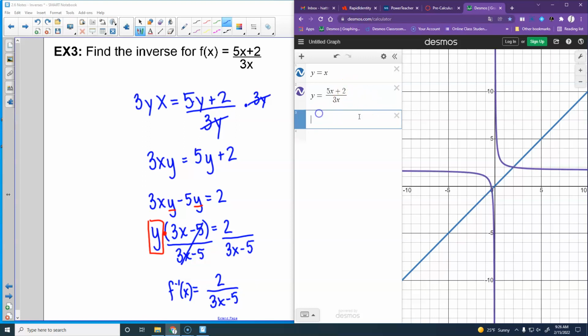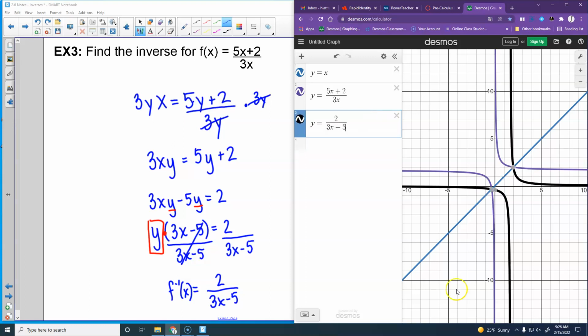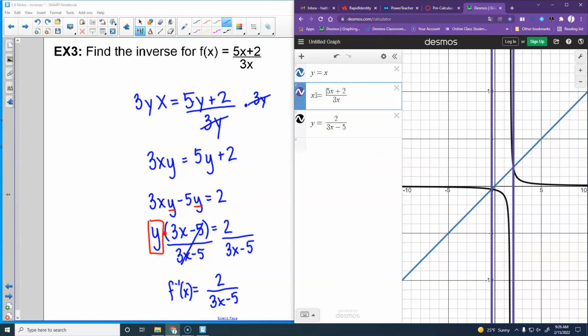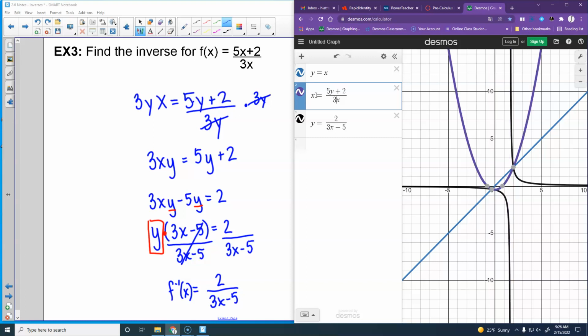That's what the original looks like. The inverse is y equals 2 over 3x minus 5. So they look pretty much like they're reflected. Sometimes they're a little hard to tell on these graphs because they get to be crazy graphs. We could always do what we did on the other one, switch the x and the y. And you can see when we do that, we get the same graph as what we have here, so it is correct.